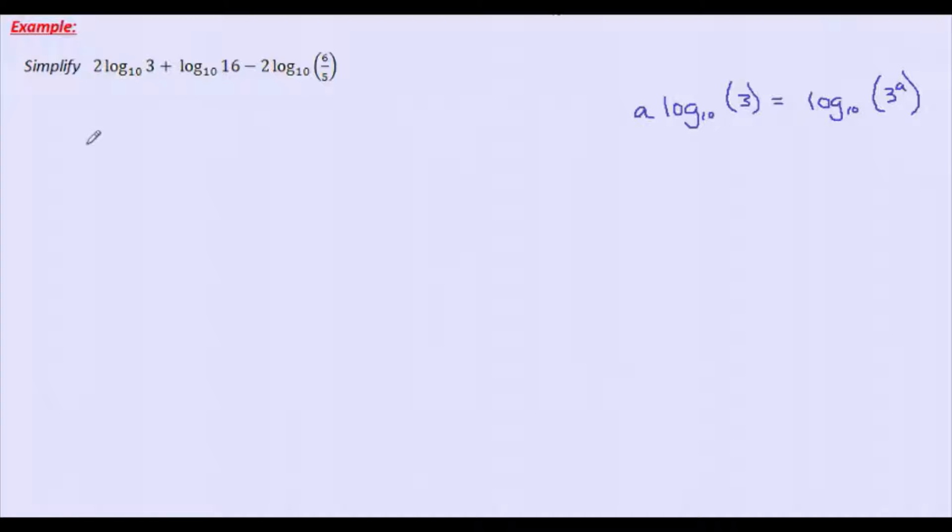And I can use that log law here to say, therefore, log to the base 10 of 3 squared plus log to the base 10 of 16 minus log to the base 10 of 6 over 5 squared. So that is what this equals. There shouldn't be a therefore there. There should be an equals there.